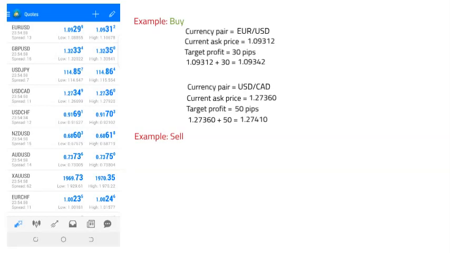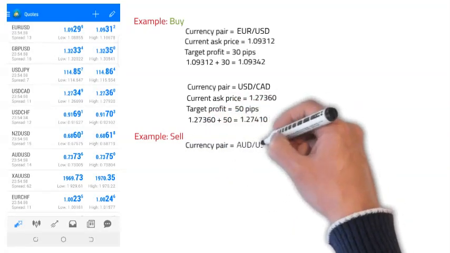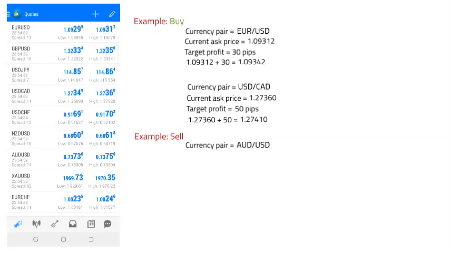Let's now see practical examples. Let's say after our analysis, we found out that AUD USD would fall. So we decided to short, that is to sell the AUD USD pair.